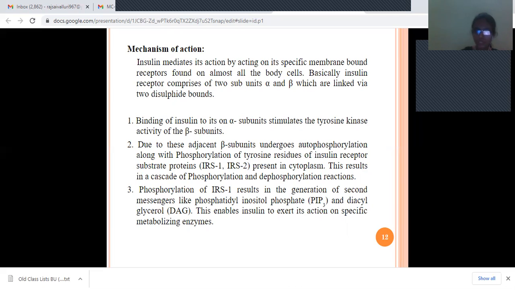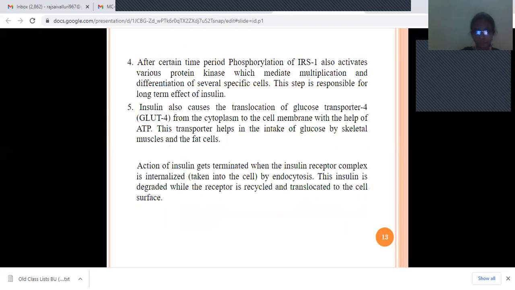This enables insulin to exert its action on its specific metabolic enzymes. After a certain time period, the phosphorylation also activates various protein kinases, which mediate the multiplication and differentiation of several specific cells. This step is responsible for the long-term effect of insulin.